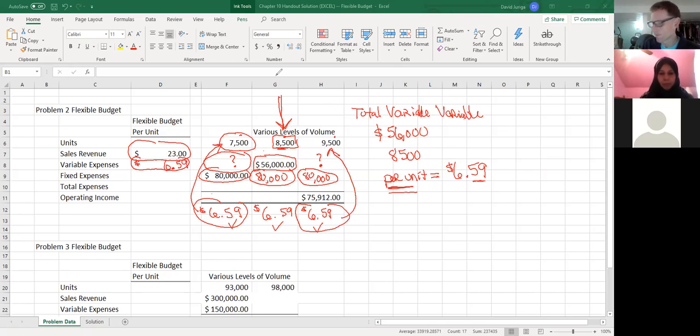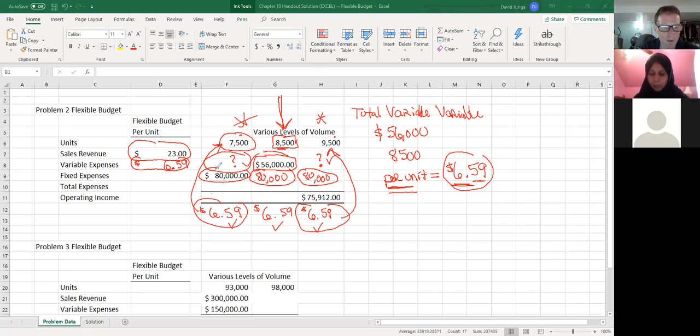They didn't in this problem, but they did give us enough information to figure it out, which is right at 6.59. So you just take this variable cost per unit and multiply by these units. That would be your total variable cost for each of those activities. And then at that point, it's just academic.